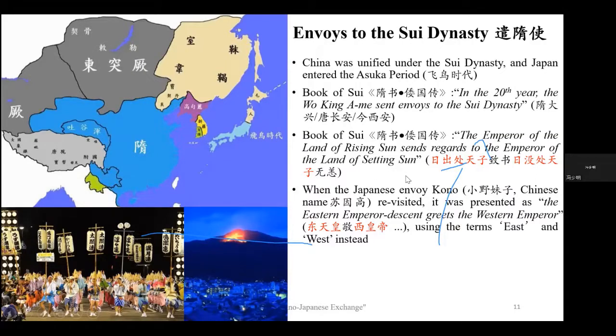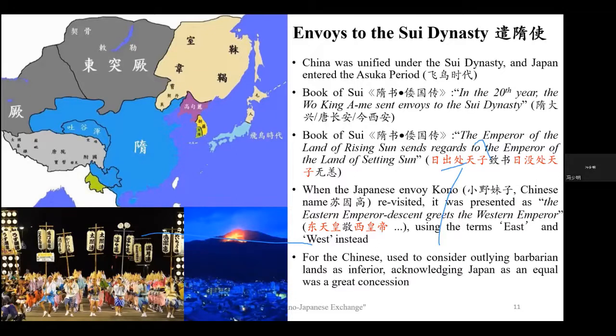This is not considered proper because the Sui dynasty is considered superior to the other nations. But in the end, the Sui emperor still accepted it, and for the Chinese people, who consider outlying barbarians' lands as inferior, to now acknowledge Japan as an equal was a great concession.